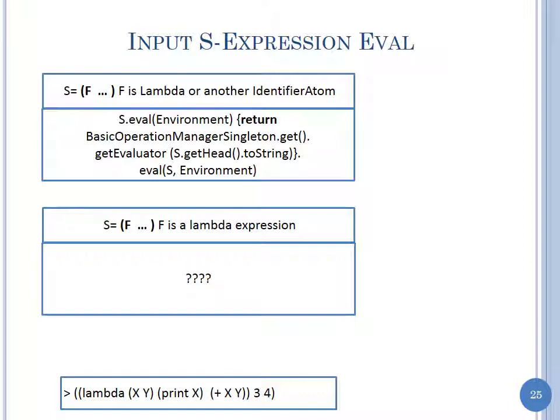Now S is a list where the first item is not an identifier. It's a lambda expression. So I can't just look up an evaluator and say, you do the job. I have to do something here to handle the case where the first item of the list is itself a list, and that happens to be a lambda expression.